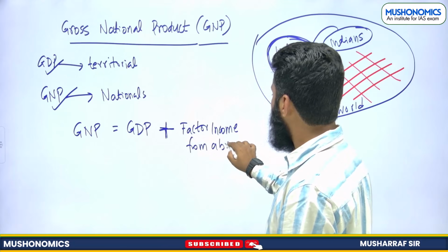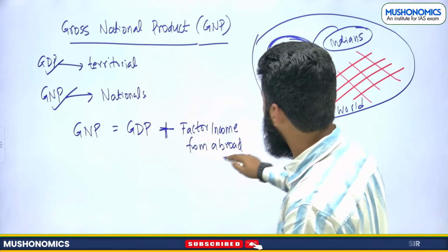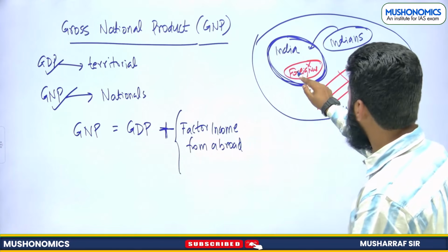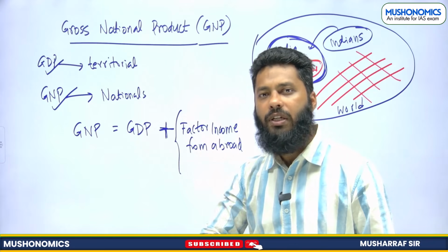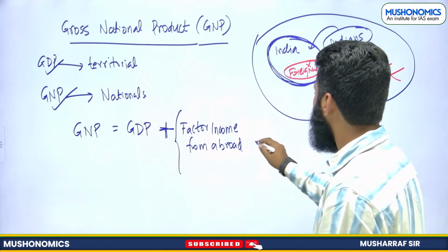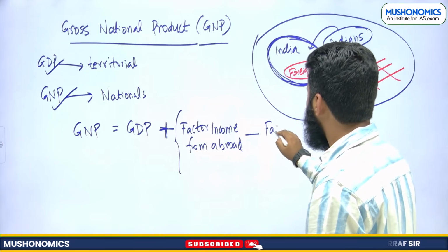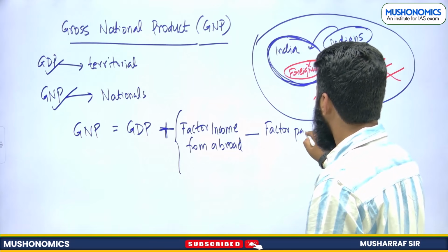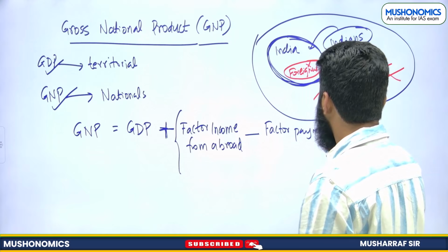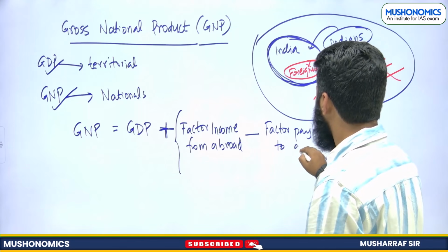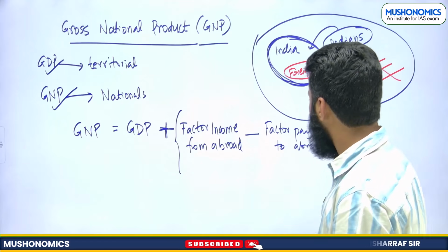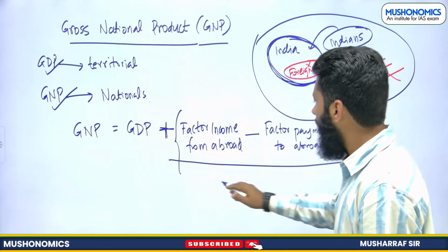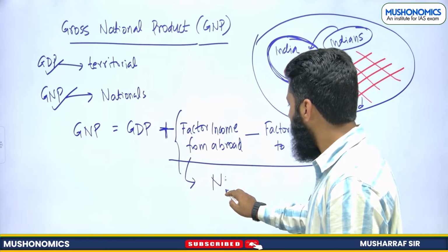But what do I have to subtract? I have to subtract foreigners' income in my country, right? All the production that is done by foreigners in my country. So I will be subtracting factor payments made abroad, or factor payments to abroad, right? This is what I have to subtract. So this plus and minus I can call net factor income from abroad.